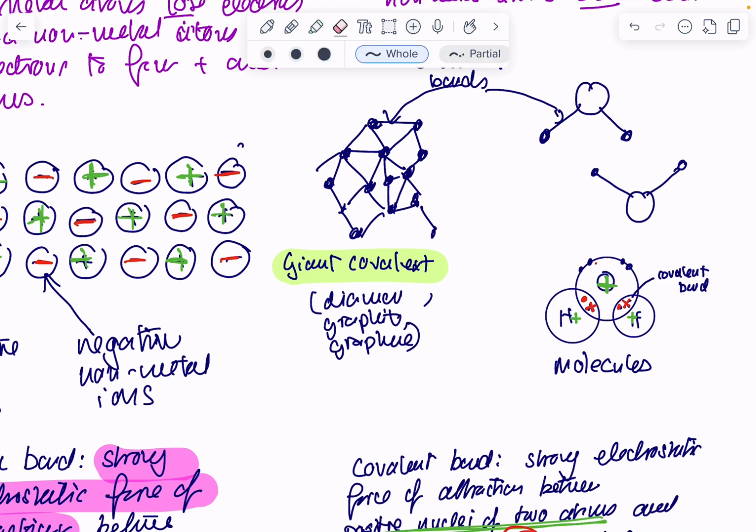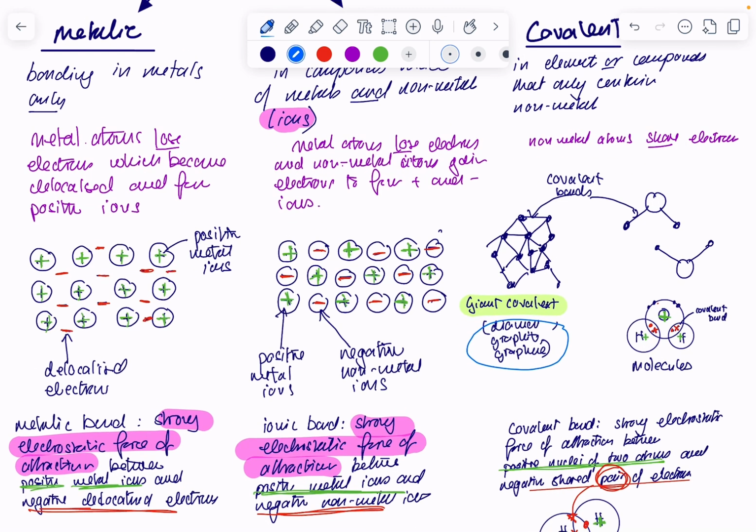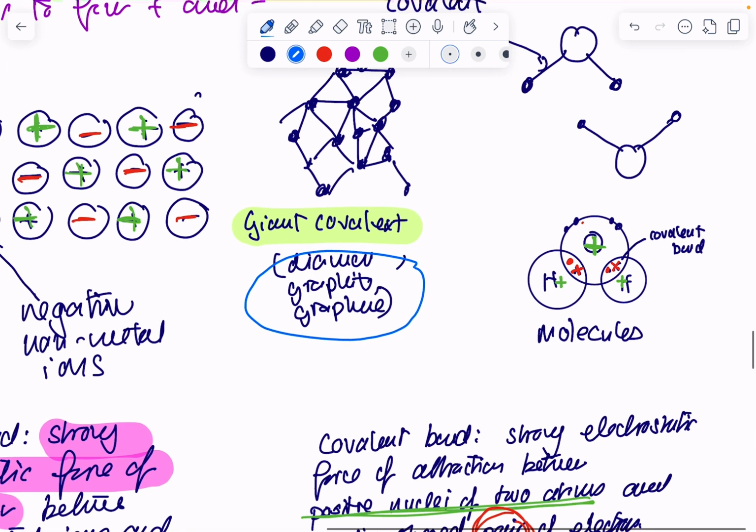More commonly, and these are the only structures that you need to know about for giant covalent: diamond, graphite, and graphene. There's separate work on that. That's not the main point for the moment.